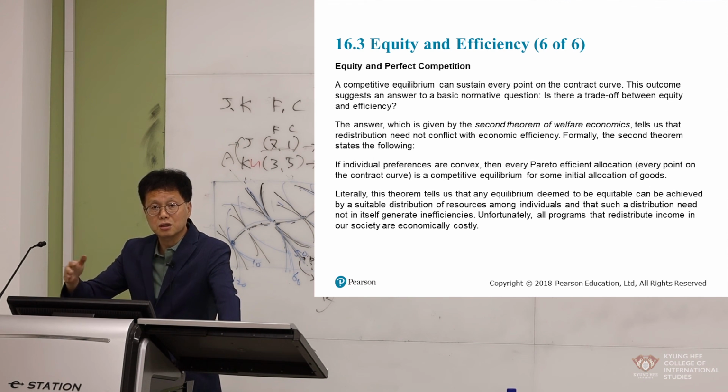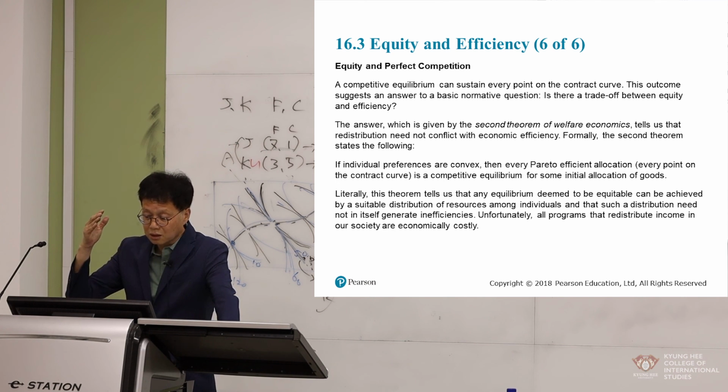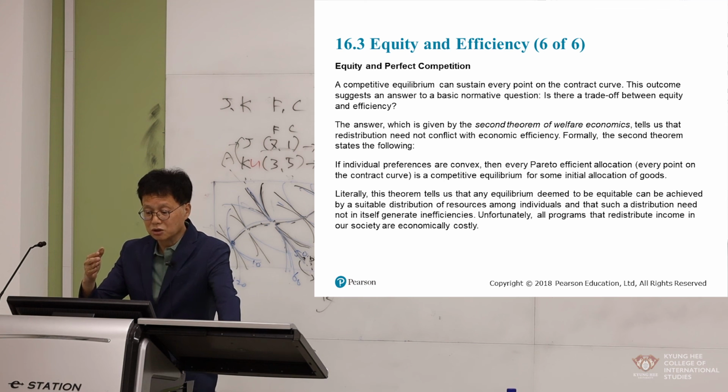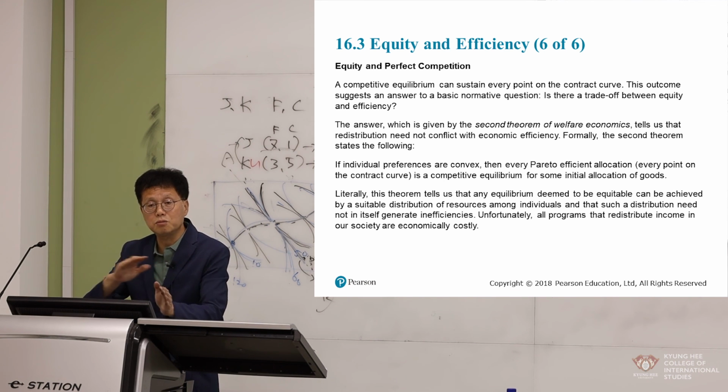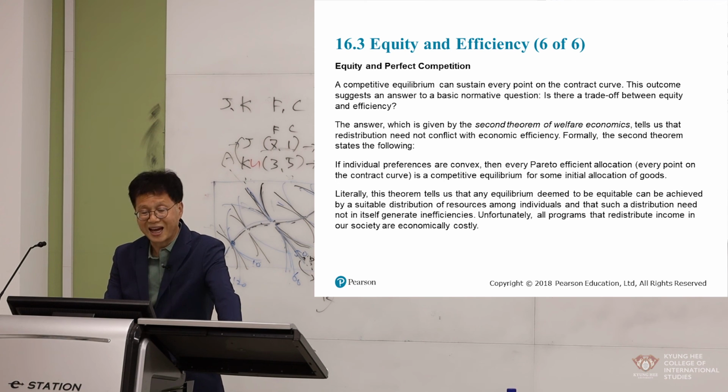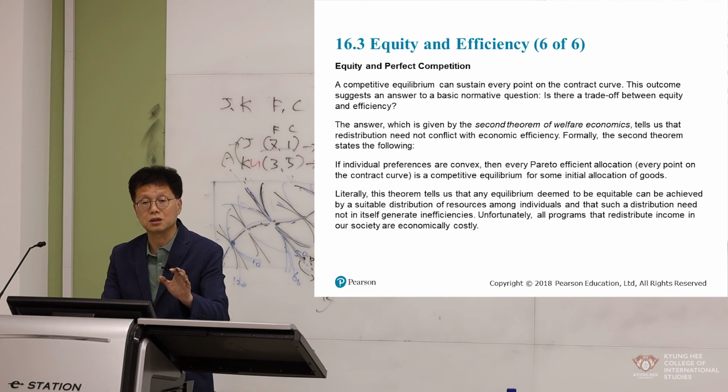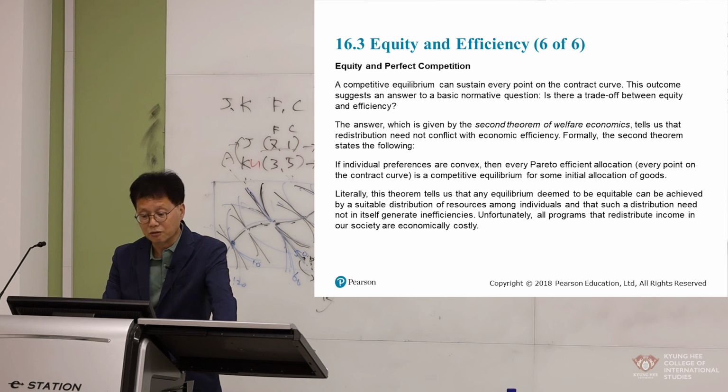Anyway, a Pareto efficient point means efficiency has been achieved, right? After that kind of allocation is achieved, then we can redistribute it to increase equity, right? So equity and efficiency are compatible with each other, right?